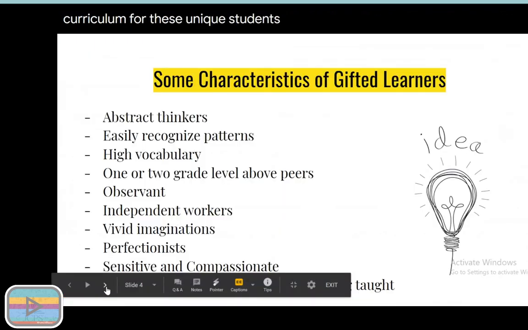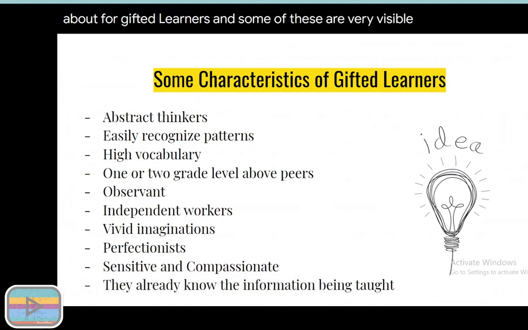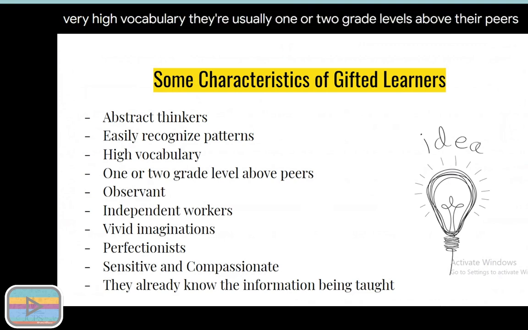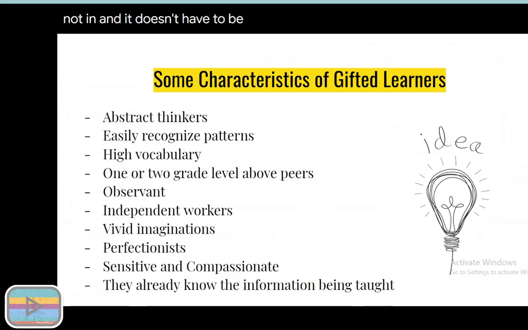Some of the characteristics to think about for gifted learners are very visible within the classroom. They're abstract thinkers. They easily recognize patterns. They have a very high vocabulary. They're usually 1 or 2 grade levels above their peers, and it doesn't have to be in all areas.